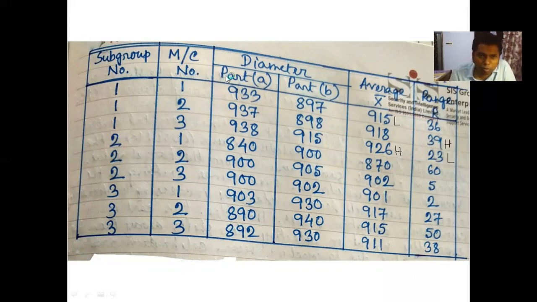So how do you calculate this? For subgroup number 1, for part A, you will calculate the average. Then for the second group, you calculate the average, and you convert it to the unit that you are considering for plotting these points. For 3, you calculate the averages, and plot your graphs accordingly: 3, 4, 5, 6, like that.